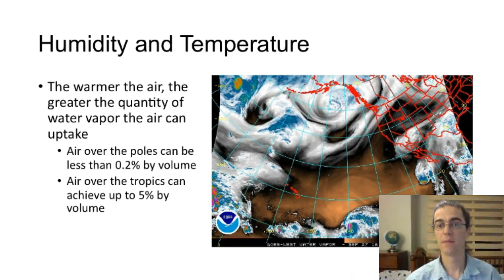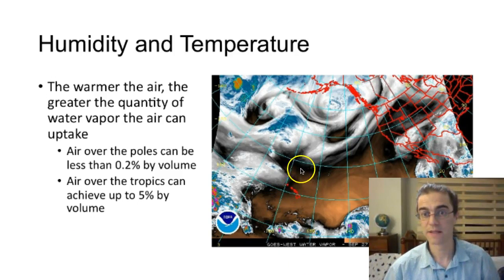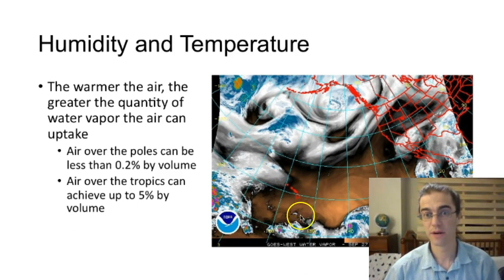So humidity and temperature: the warmer the air, the greater the quantity of water vapor the air can uptake. Air over the poles can be less than 0.2% by volume of water vapor, and air over the tropics can achieve up to 5% by volume. And we see that in this satellite image here.